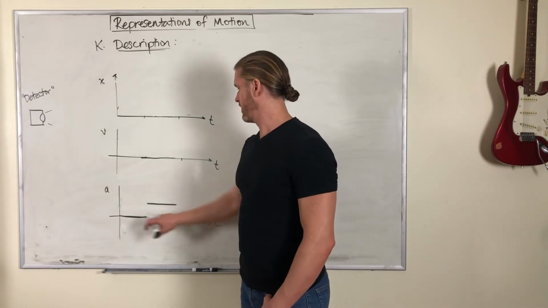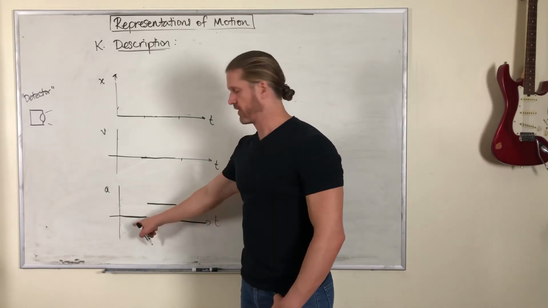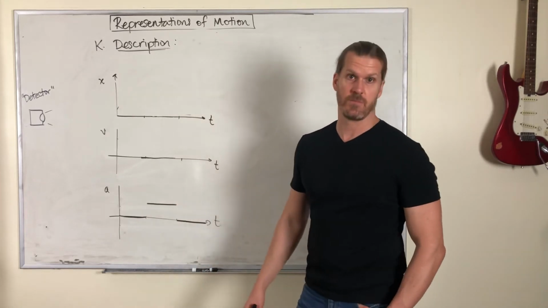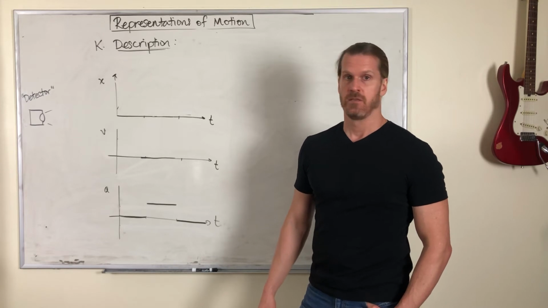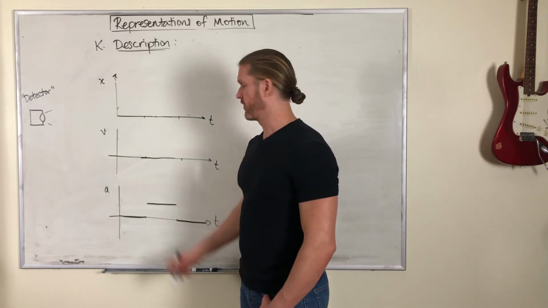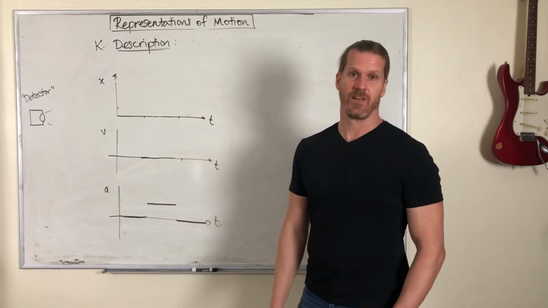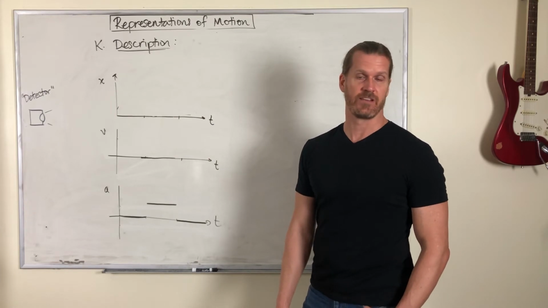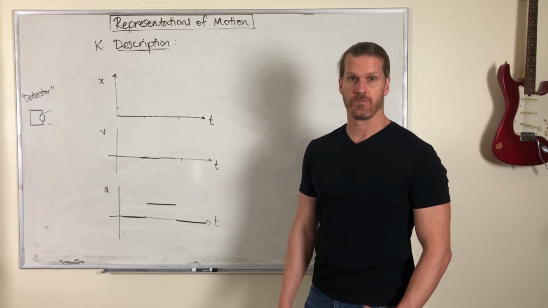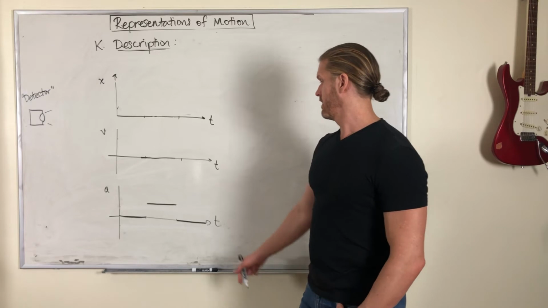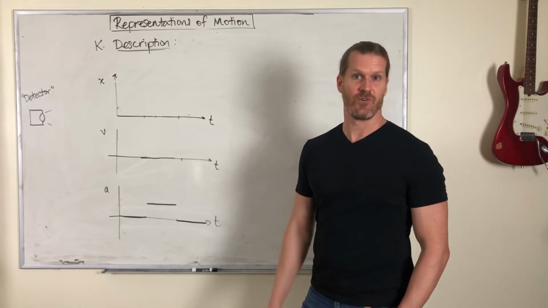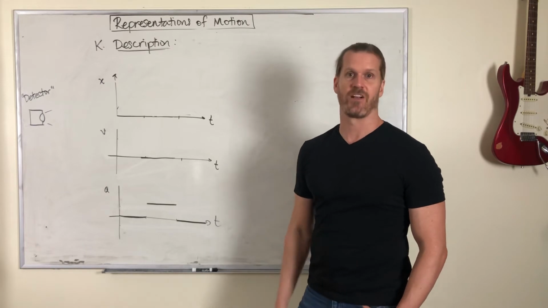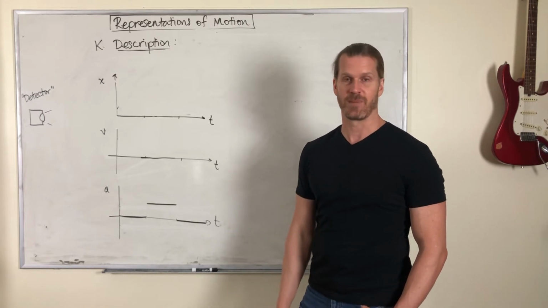So let's think about what this means. When acceleration is 0, that means you're moving at a constant speed. When acceleration is positive, that means your velocity is changing somehow. And then when acceleration goes back to 0, that means your velocity is constant and your speed is constant.